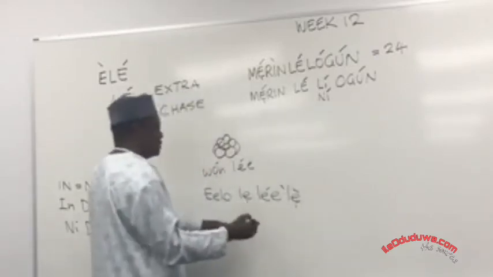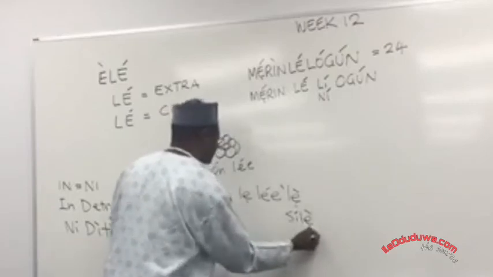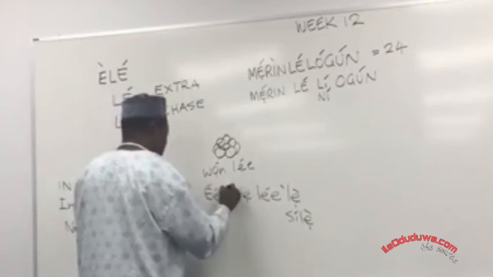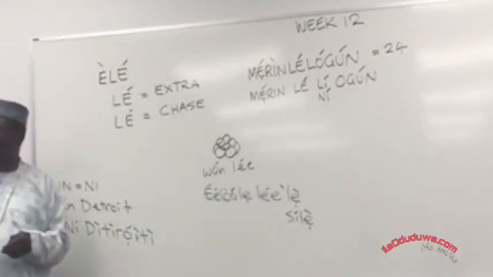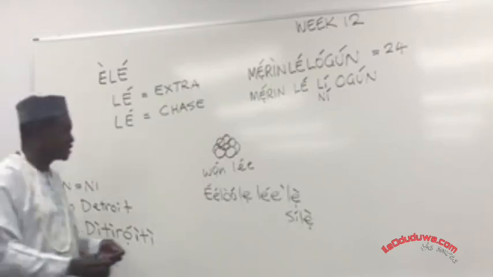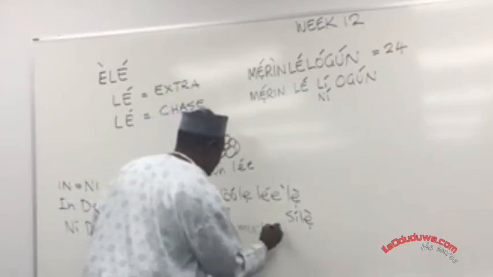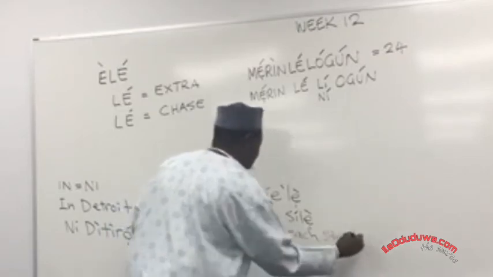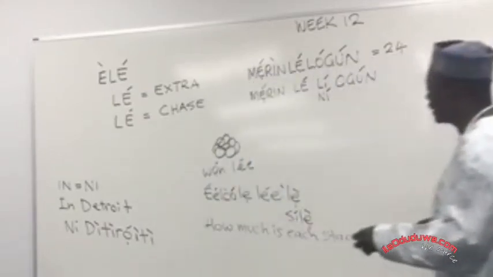And this one will be sile, but shortened. See that? Lo le. How much is each stack? Each stack or bunch. Right? Like that.